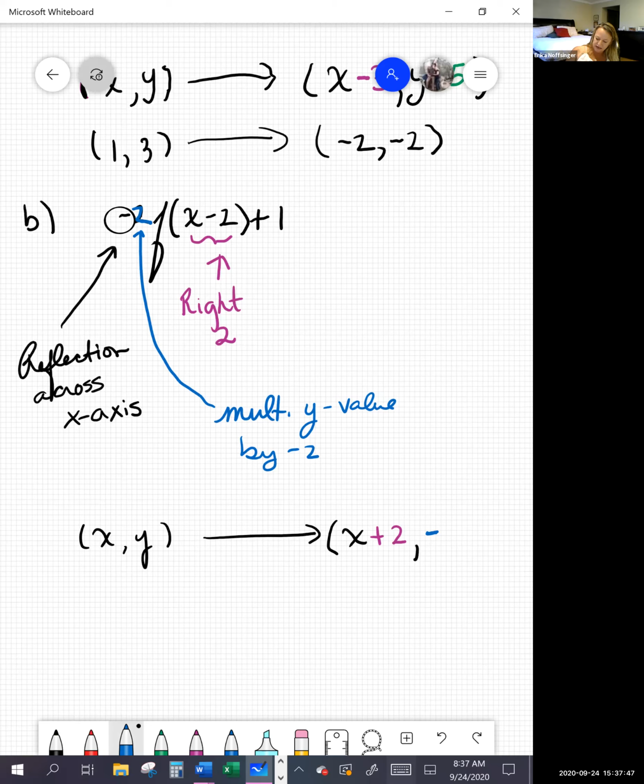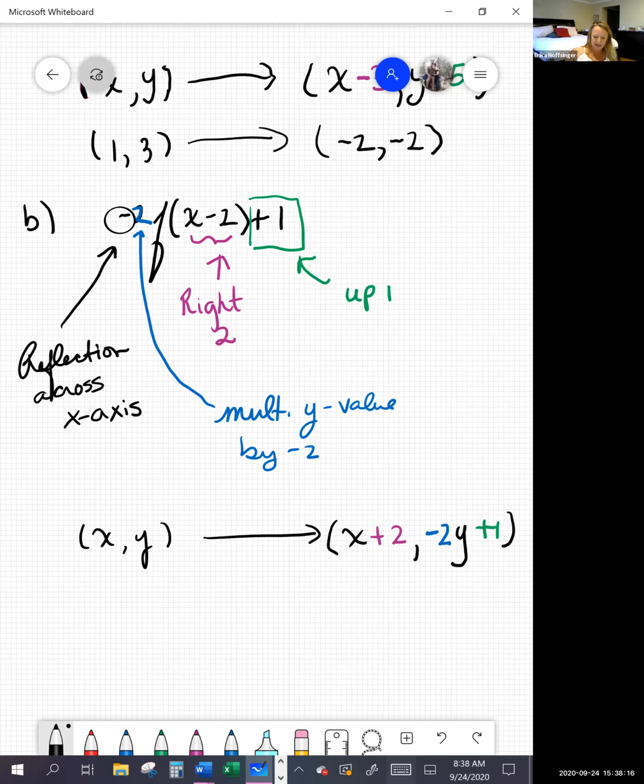So we're going to take -2 and multiply it by y. And now we can look at the +1. So +1 shifts it up 1. Shifting up 1 is affecting the y value, so you're adding 1 there.